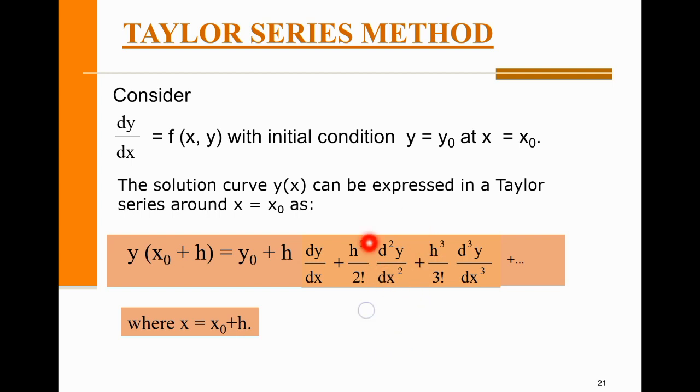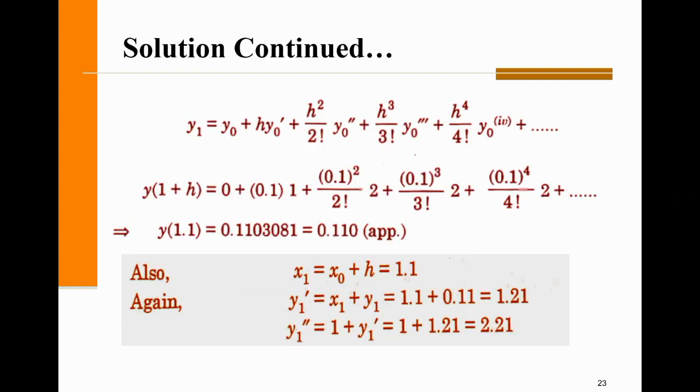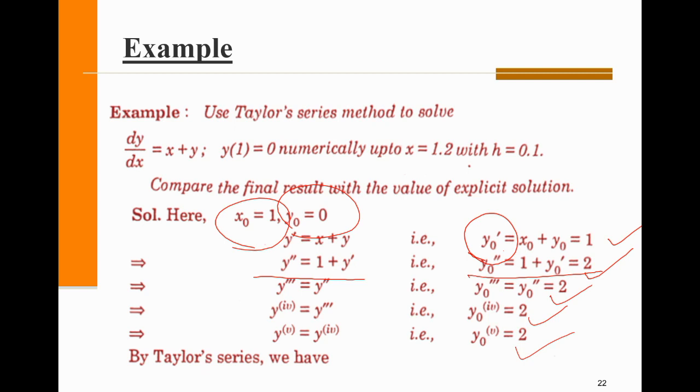If we calculate the value of y double dash at x0, we will get y0 double dash, and so on. So our formula becomes y1 equals y0 plus h y0 dash plus h square by 2 factorial y0 double dash, and so on, right?